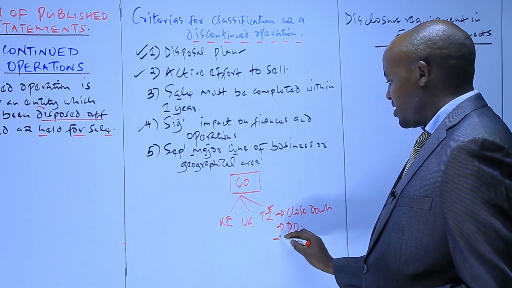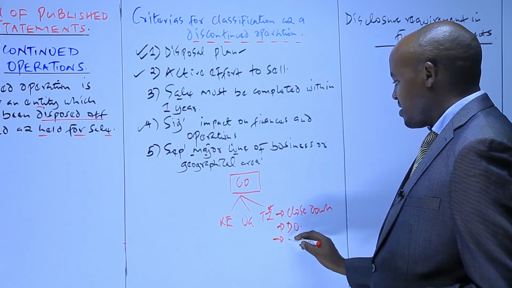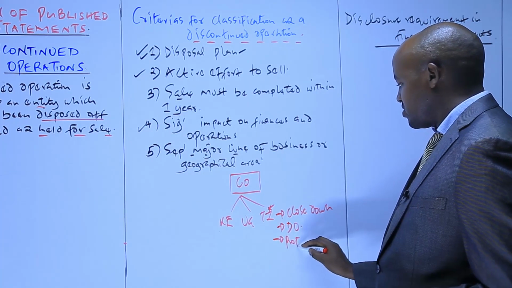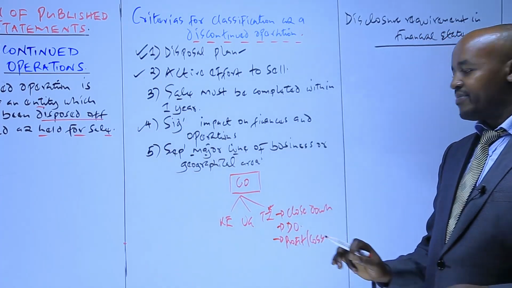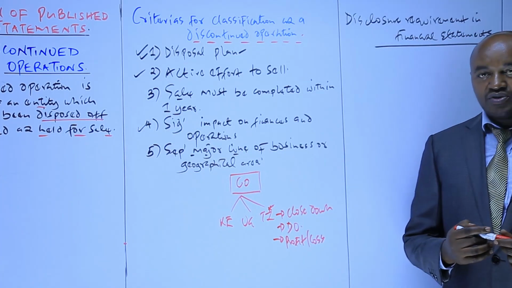the profit or the loss which was reported by that particular branch before it was disposed.